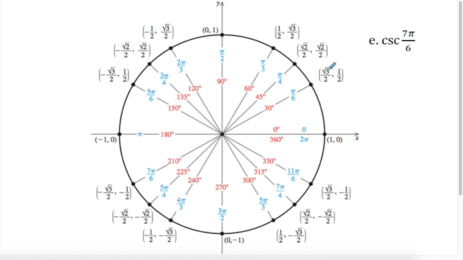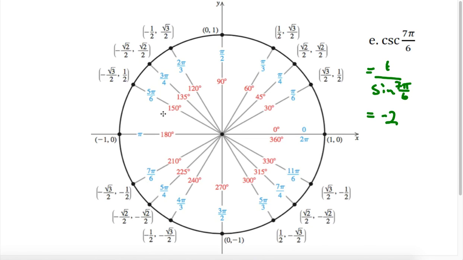The next one asks for the cosecant of 7 pi over 6. So we just said that's the reciprocal of sine. So this would be the same as 1 over sine of 7 pi over 6. If I go to 7 pi over 6, we know that sine is the y value. So the y value is negative 1/2. The reciprocal of that would be negative 2 over 1, right?